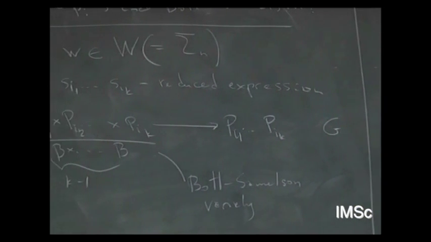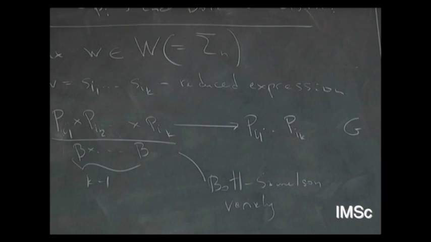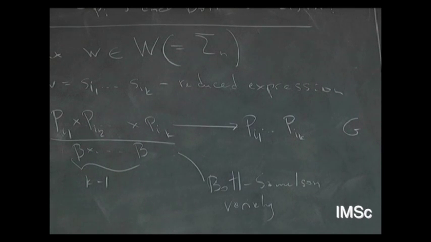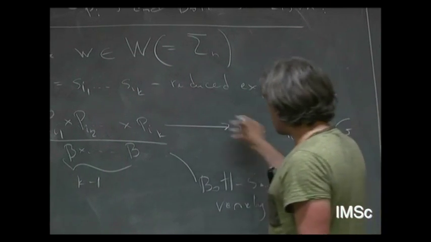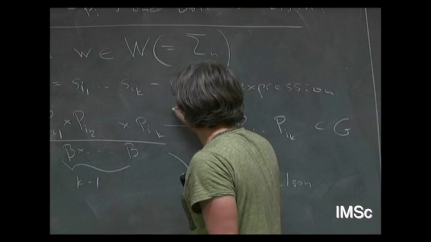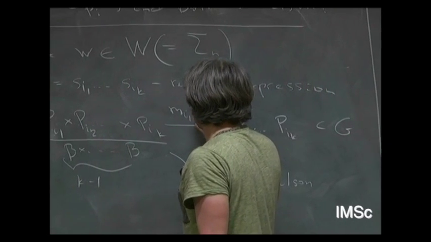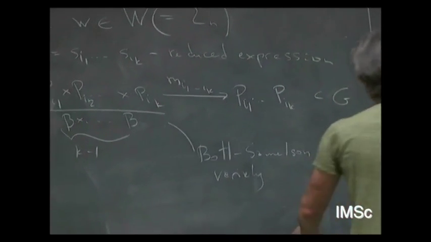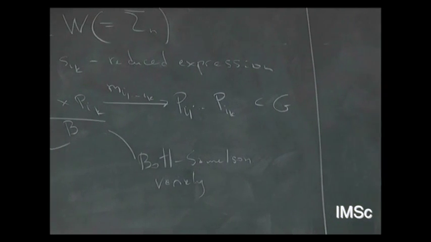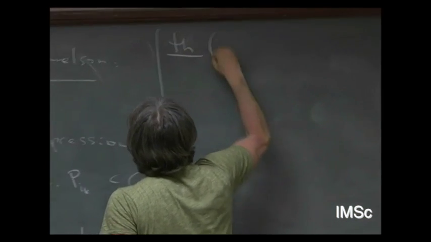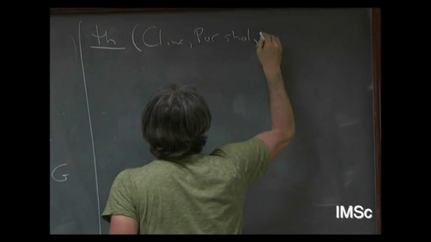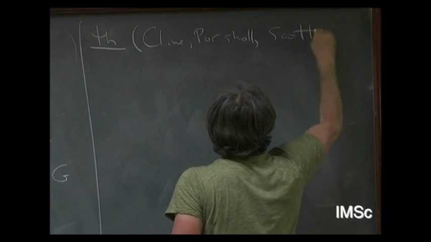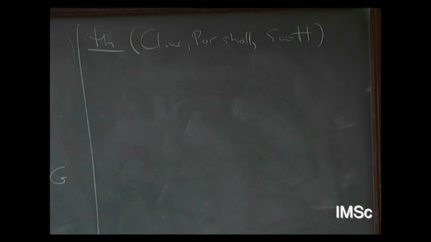So in fact, this is known as the closure of a big Schubert cell, but I'm not actually using this. I'm just saying that this map, which I'll probably denote by m_{i1...ik}, then the theorem, probably in this form due to Kleiman, Pathak, and Scott, and I hope there's two L's here, I'm not entirely sure.